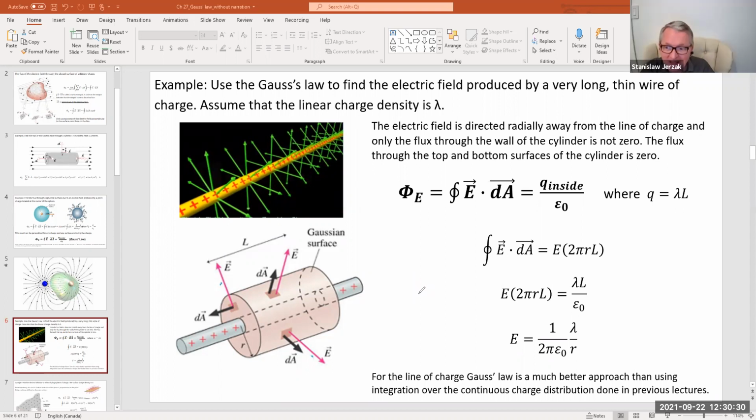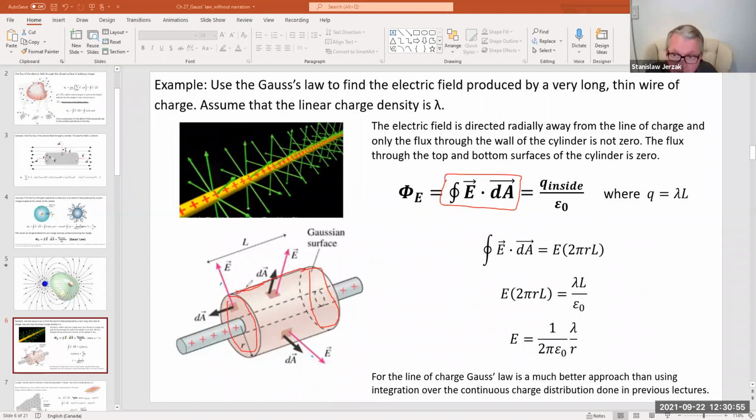Yeah, I will do it again. So how I got 2 pi RL: when I calculate the flux through that closed cylindrical surface, you see, this is the cylindrical surface, right? That surface has 3 parts: this circle, this circle, and that side surface.